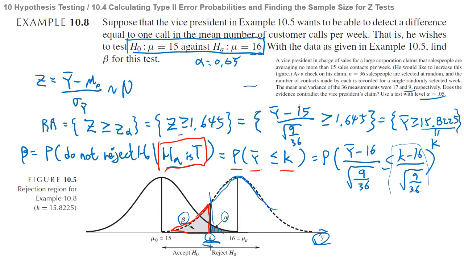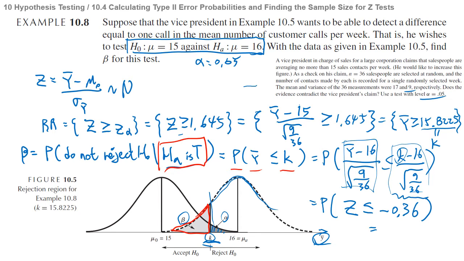If you calculate this number, this follows a normal distribution, and if you put k as 15.8225 here, then you can calculate this value using a calculator, which is minus 0.36.